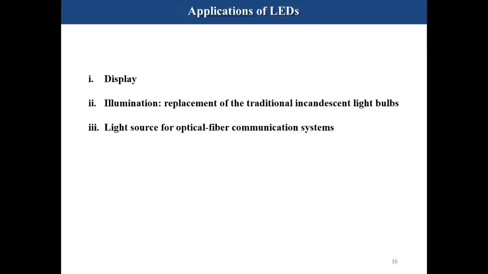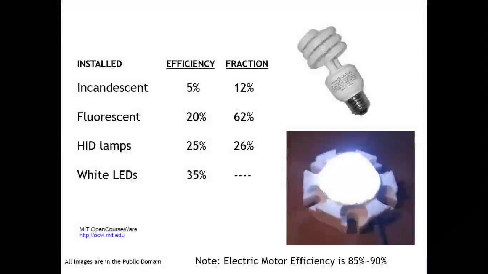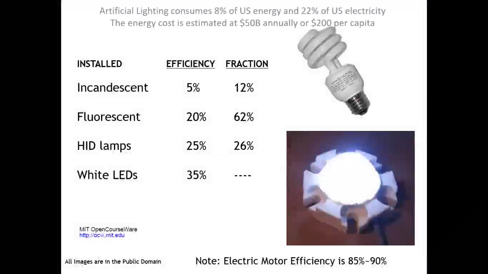The applications of LEDs are in displays, illumination, replacement of the traditional incandescent light bulbs, and as light sources for optical fiber communication systems. Now, if we compare, then we already see that LEDs are definitely the most efficient among other options.